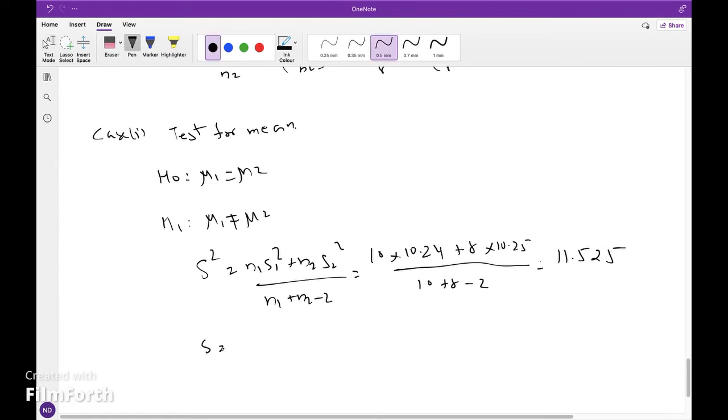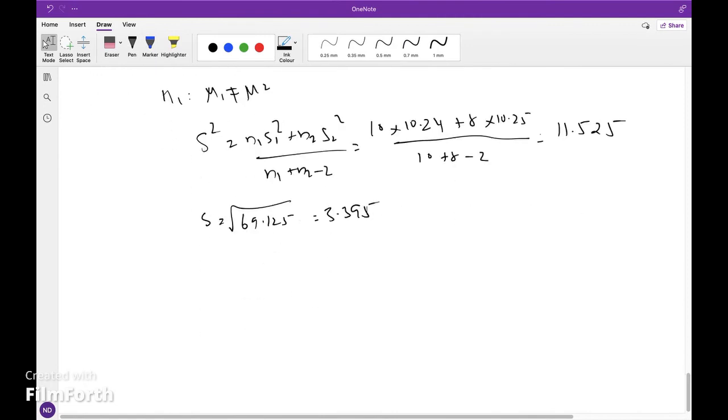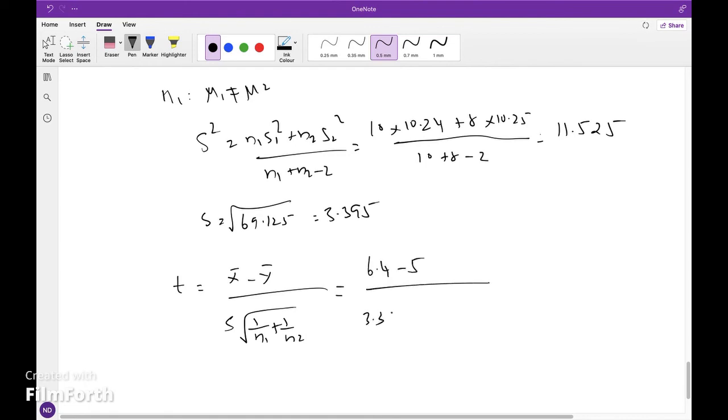So S is 3.395. Test for t: x bar minus y bar divided by S into square root of 1 by n1 plus 1 by n2, 3.395 square root of 1 by 10 plus 1 by 8.